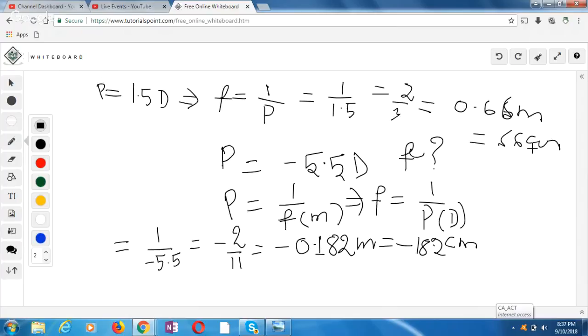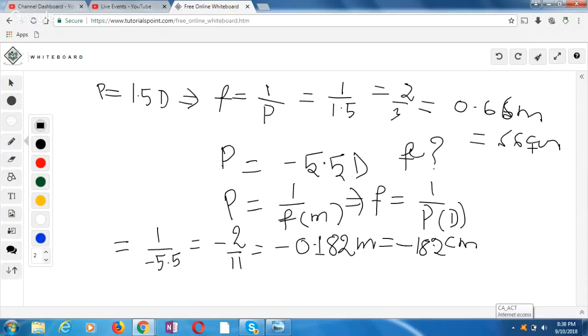What do we do in case of a myopic person? What is the far point? First of all, try to understand. I have discussed least distance. What was the least distance? Least distance was 25 centimeter in case of a normal eye.